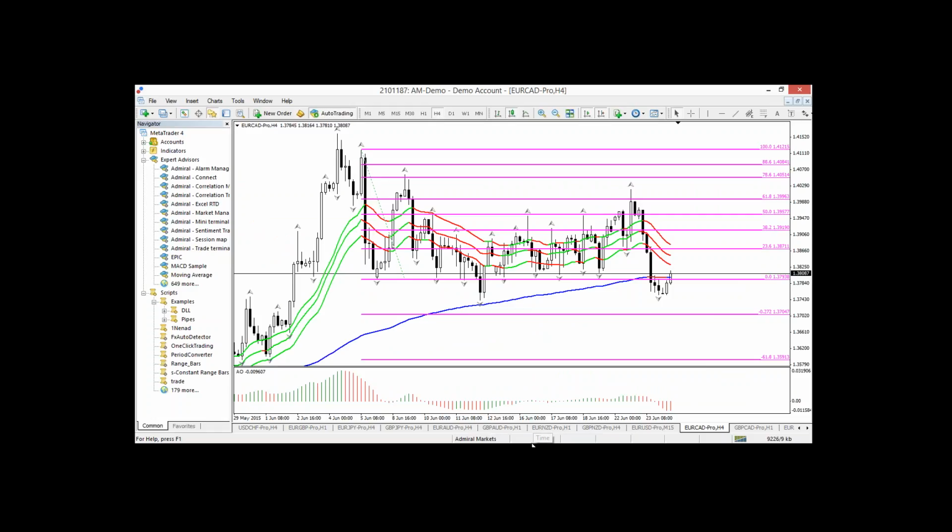Okay, so time factor. Basically, counting the number of candles not breaking tops or bottoms, and trying to judge the likelihood of a break, continuation, or a retracement when counting candles.